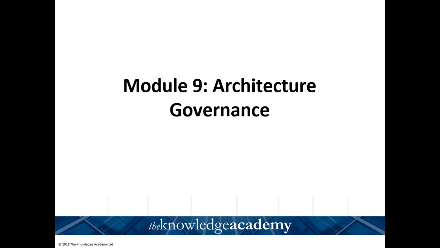Now, what is architecture governance in simple terms? It is called a practice. For example, chartered accountant is a practice, right? Similarly, governance is a practice. And what exactly does the governance team do? If you remember, I told you to establish an architecture board in the preliminary phase, correct?